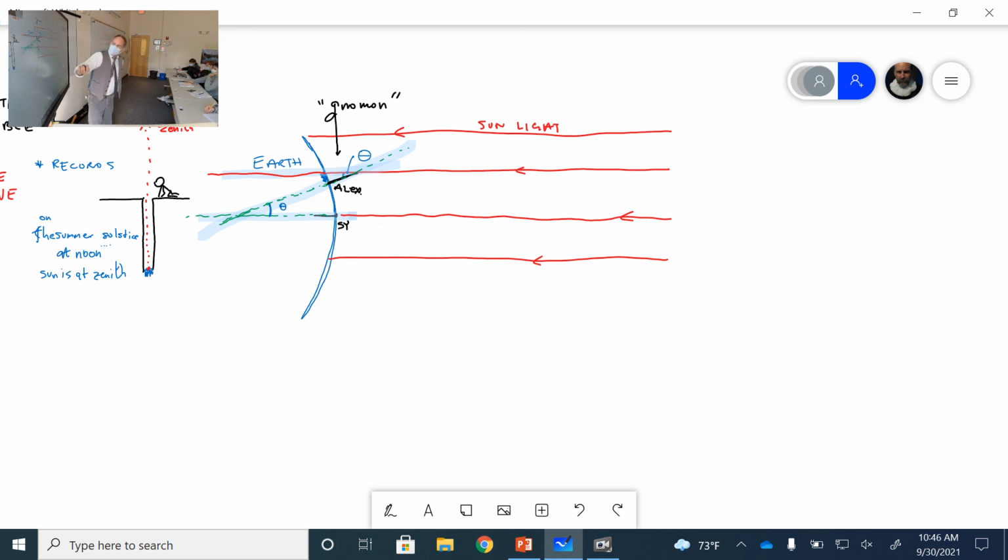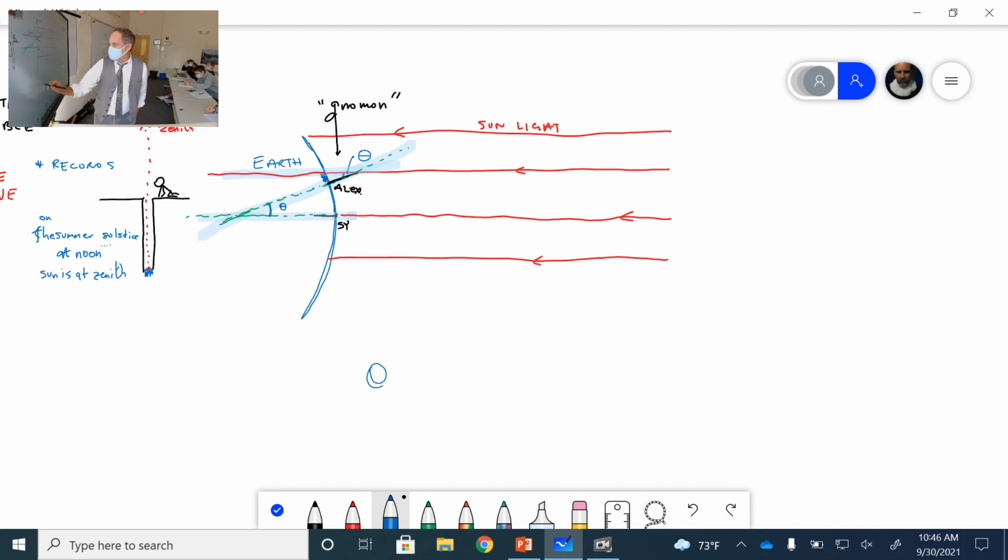So here is Eratosthenes' understanding: if I know this angle theta here between Alexandria and Syene, I can tell you what portion of a circle this is, right?